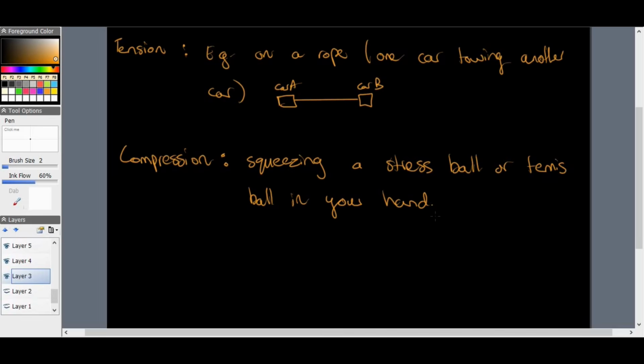Otherwise, that's it on contact forces. Cool. So what we're going to do is shimmy on over to the other group of forces, which are known as field forces or non-contact forces. We mentioned a bit about those. One was gravity, or the gravitational force.